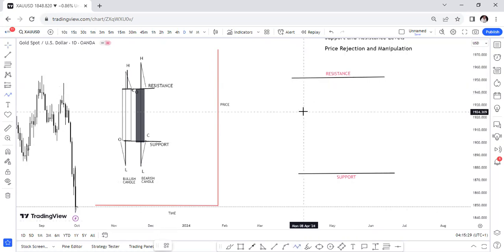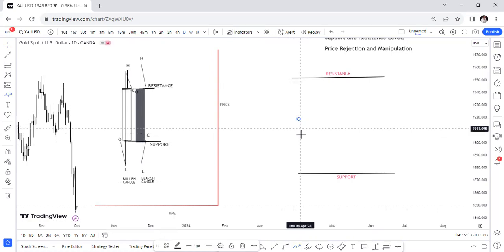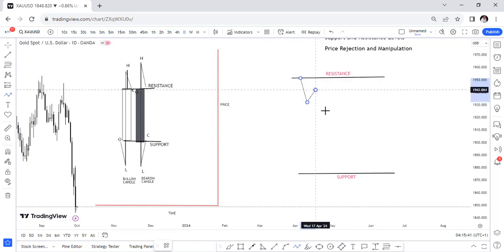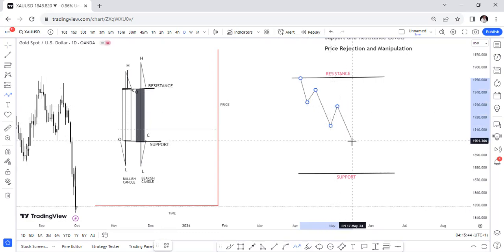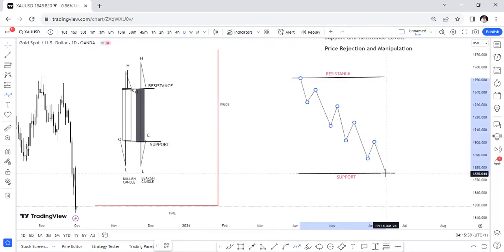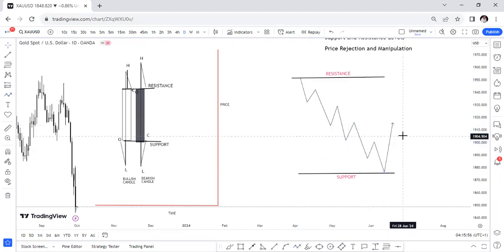Price rejection is simply when price is coming down from the resistance level, coming down, coming down. Then as it hits this support level, it bounces.